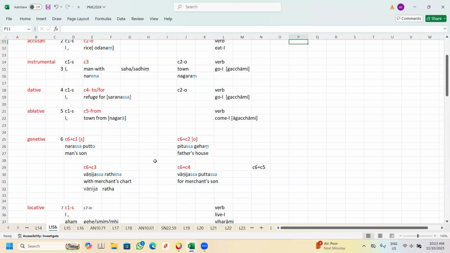Now for the logic, can you see this one? For the merchant's son. That means, for instance, I give an apple for or to the merchant's son. It's exactly the same case, but this is going to fit into here. This structure is going to fit into this part.